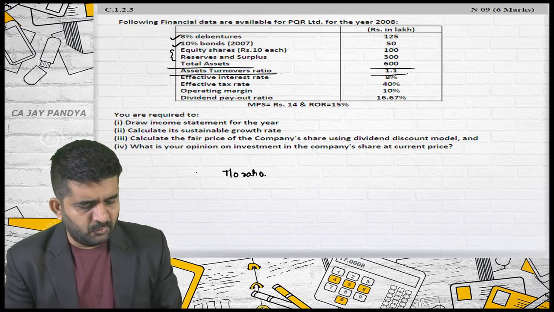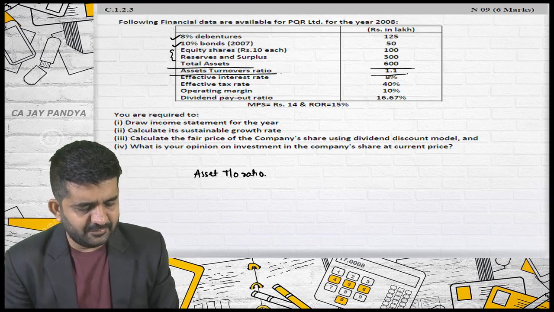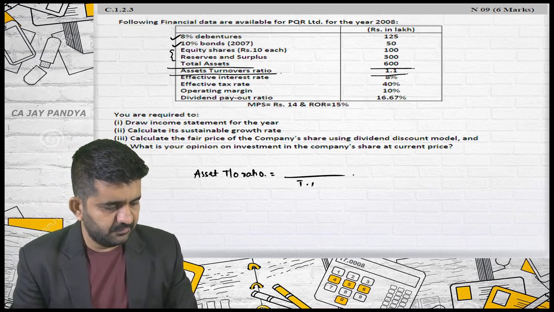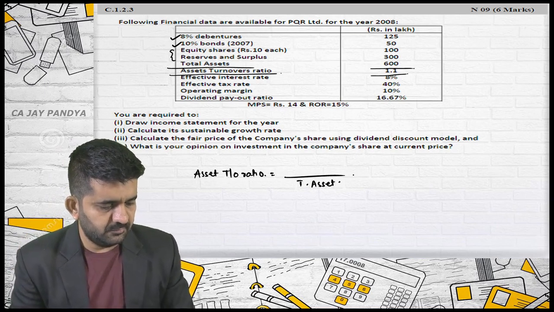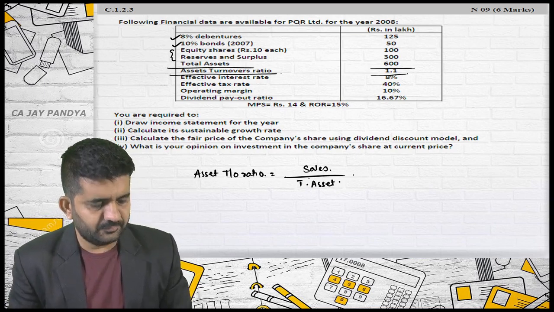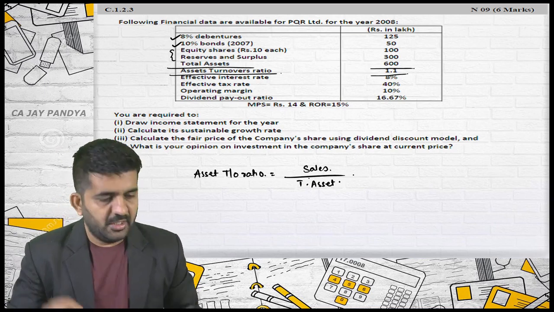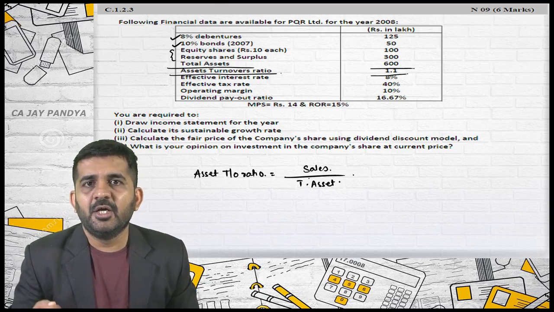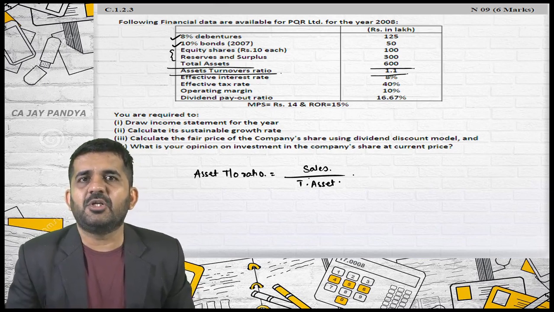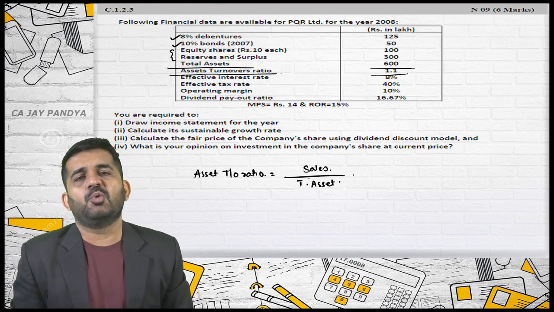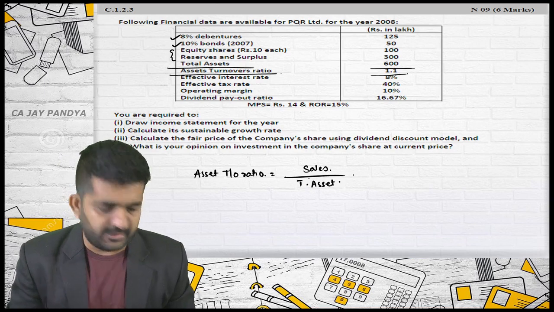If the turnover is of total asset, the total asset will be in denominator. What is in numerator is sales. This will be nothing but the total asset turnover ratio. If it is working capital turnover ratio, working capital will be in denominator. If it is debtors turnover ratio, debtors will be in denominator. Is it correct?